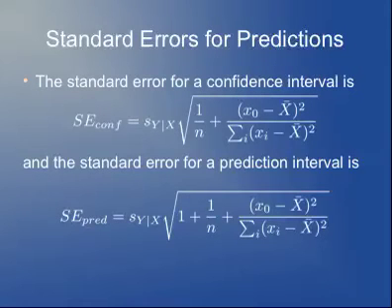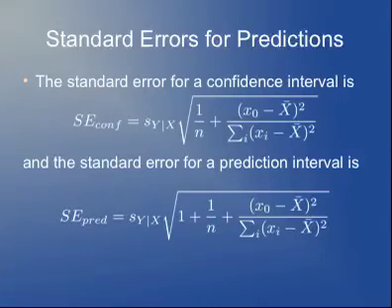And if you do a bunch of ugly math that I won't torture you with, the standard error for a confidence interval looks like this, and the standard error for a prediction interval looks like this. Certainly something you don't need to remember, and you will probably never use again. There's no way I would ever remember these formulas without looking them up.